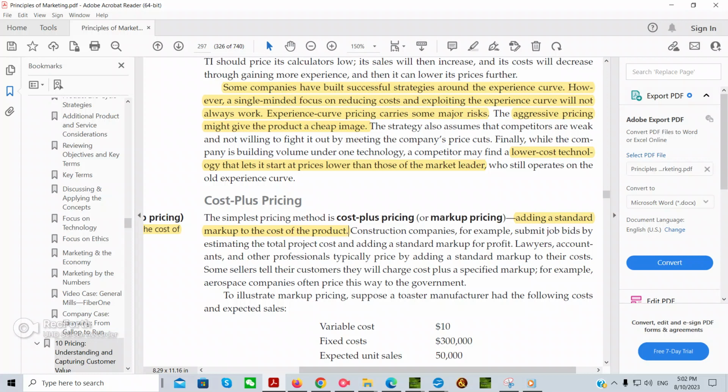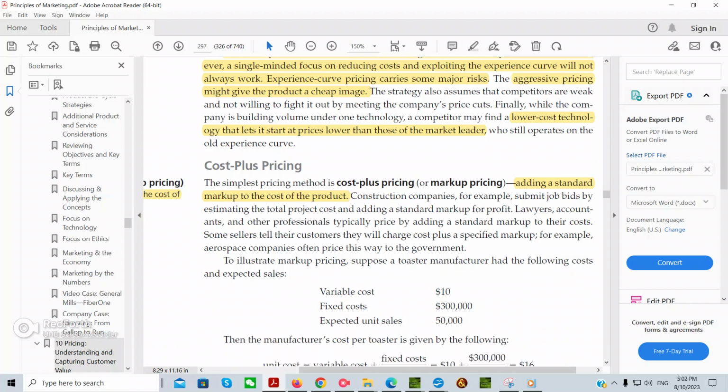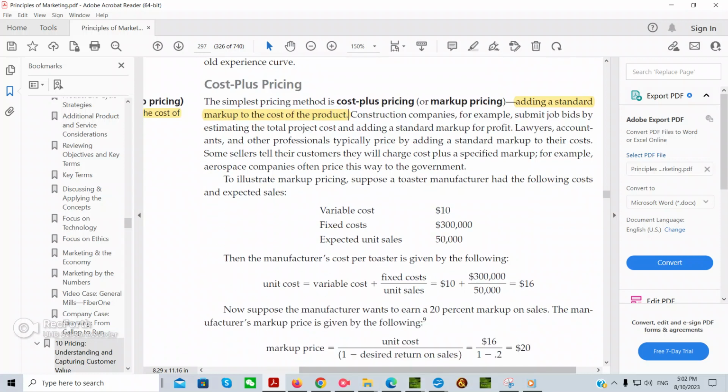So you have to sell it for more than $700. What you do is you say, how much money do I want to make? That's going to be the markup. So it's going to be the $700 plus how much you want to make is the total price to who you're reselling it to. That's all it is. It's not rocket science. It's not difficult at all.